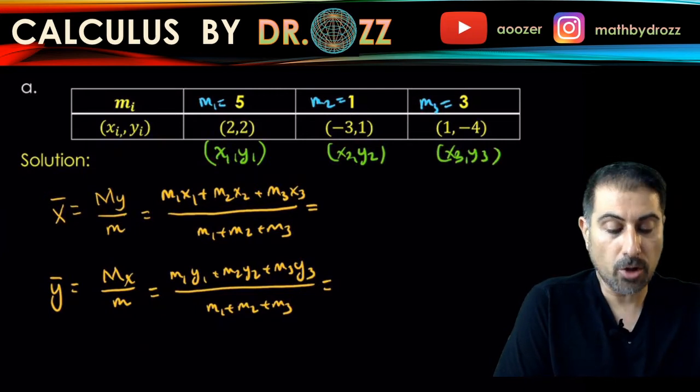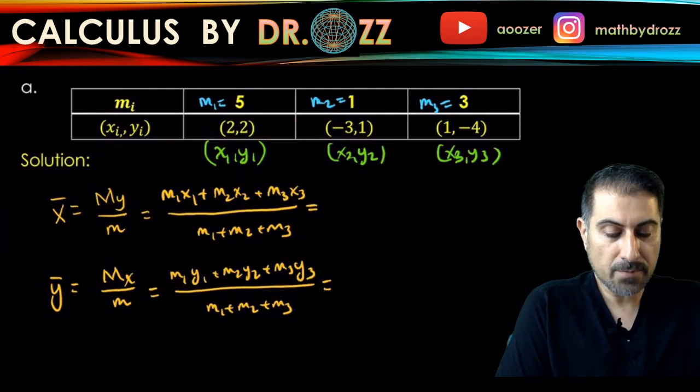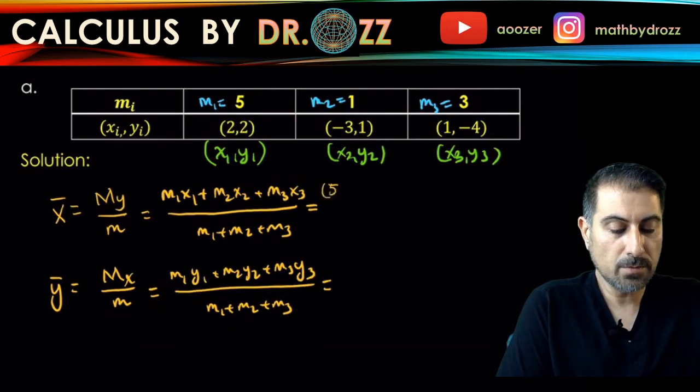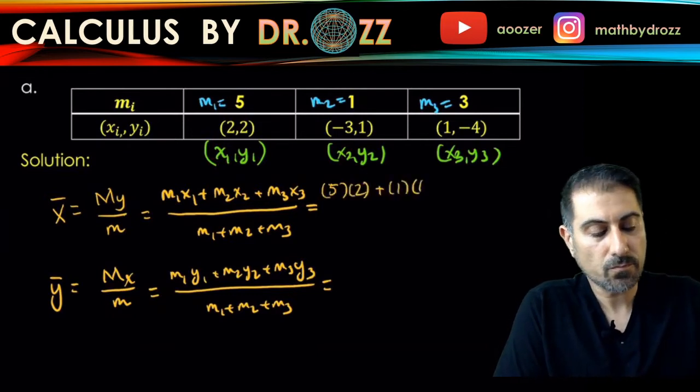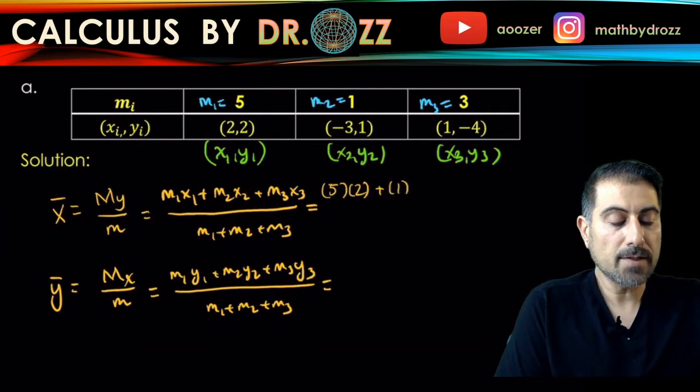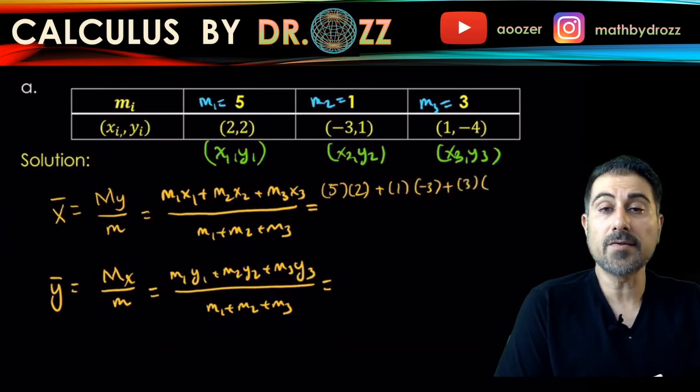and see what the coordinates of the center of mass are. Okay, so m1 is 5, so 5 times x1, that's 2, plus m2 is 1 times x2, that is negative 3, plus m3 equals 3, so 3 times x3, that's equal to 1, and divided by the sum of the masses.